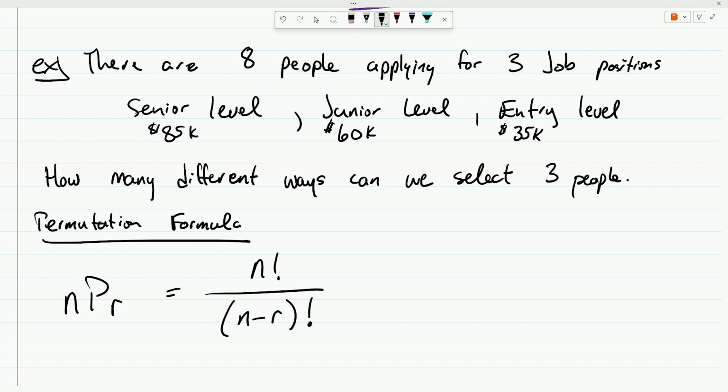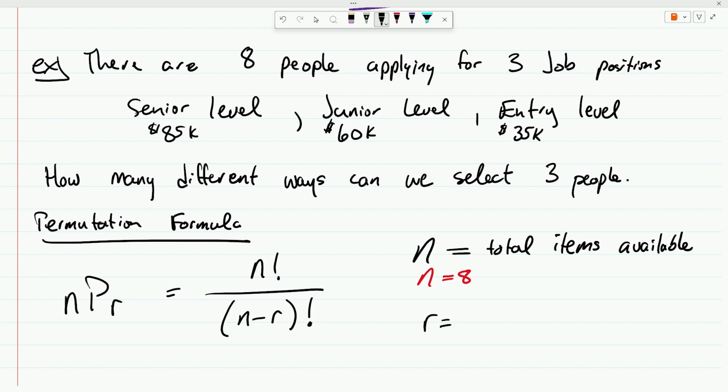This is nothing more than the number of possible permutations if our items are taken. So N is going to equal the total items available. In our problem, N is going to equal 8 because we have 8 people.